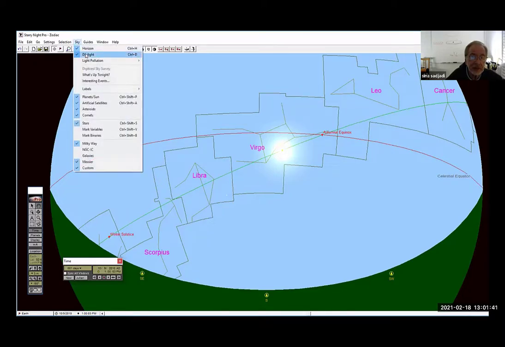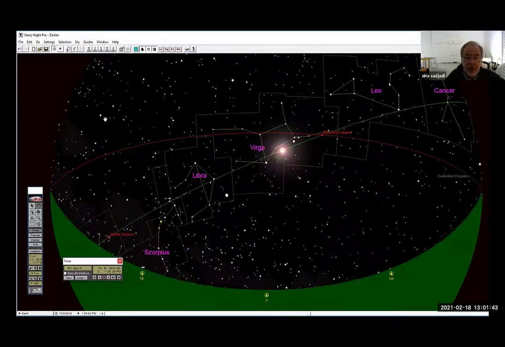Professor, does the ecliptic ever move, or does it just stay there on that line? On the celestial sphere? No, it moves. Everything moves, including the celestial equator, including the equinoxes, including the solstices.